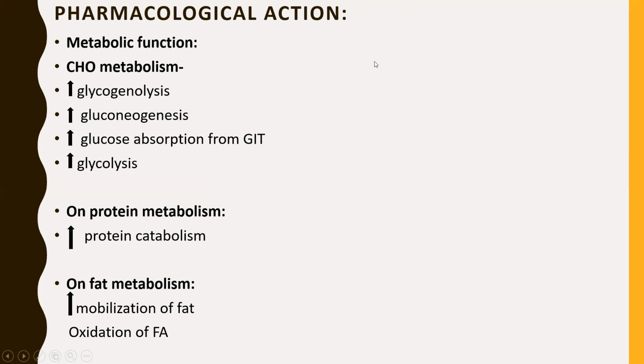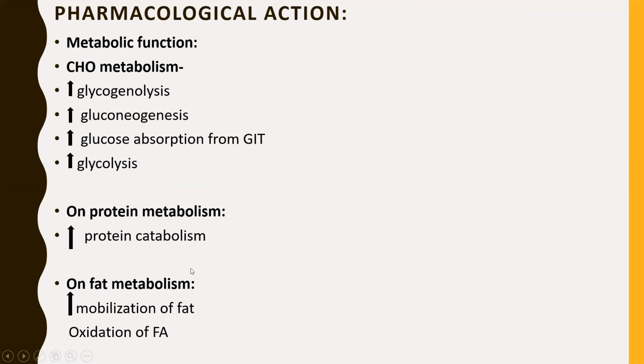Pharmacological action of thyroid hormone. In metabolic function, first is carbohydrate metabolism: increase glycogenolysis. Second, increase gluconeogenesis. Third one is increase glucose absorption from GIT, increase glycolysis. On protein metabolism, the pharmacological action is increase protein catabolism.